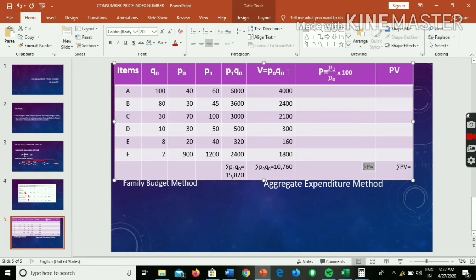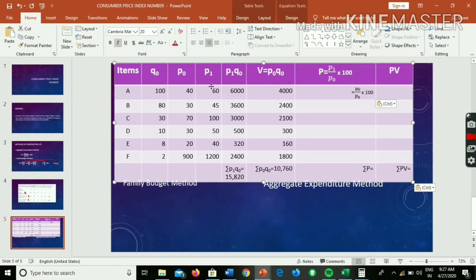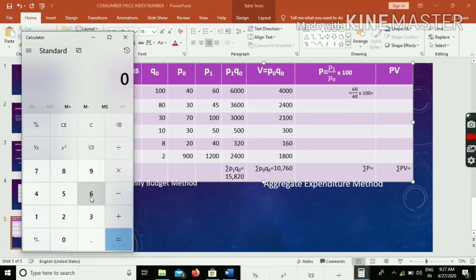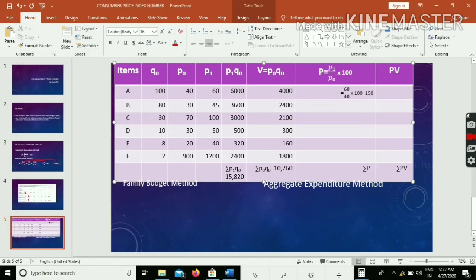Next you need to find the value of P, that is the price relative, P1 divided by P0 into 100. Under the first case, P1 is 60 and P0 is 40: 60 divided by 40 into 100 is equal to 150. Similarly, find all the values.